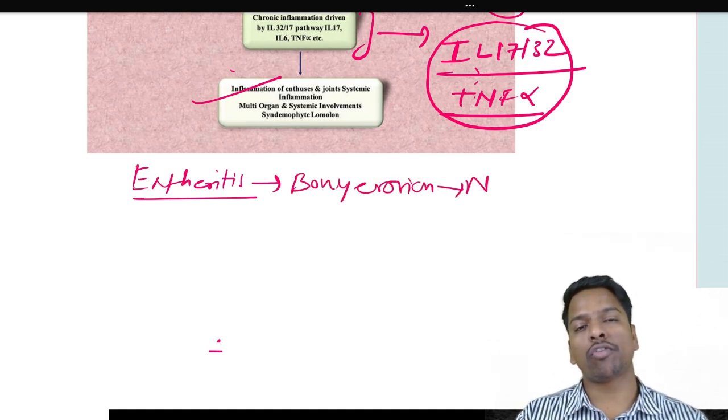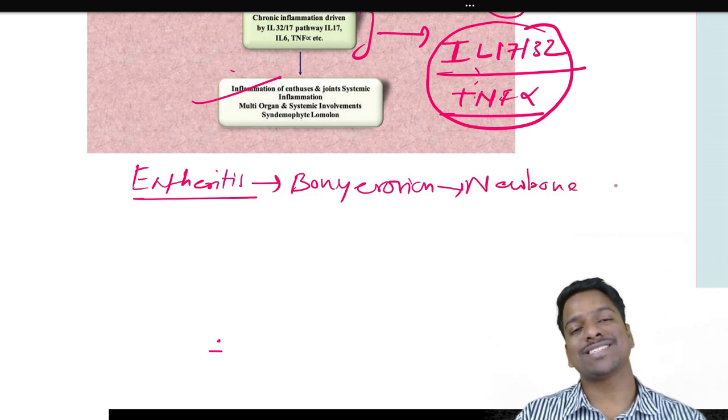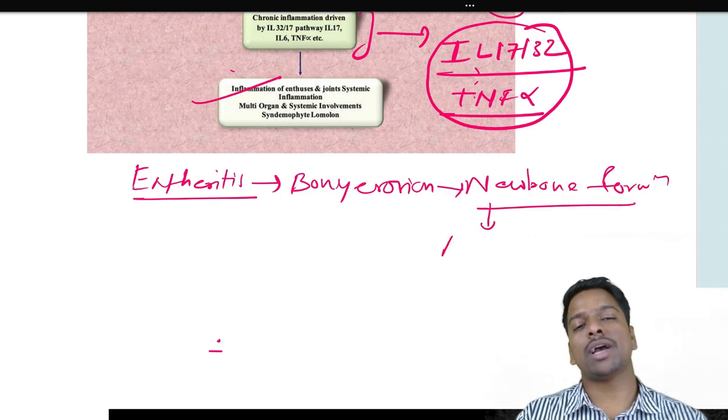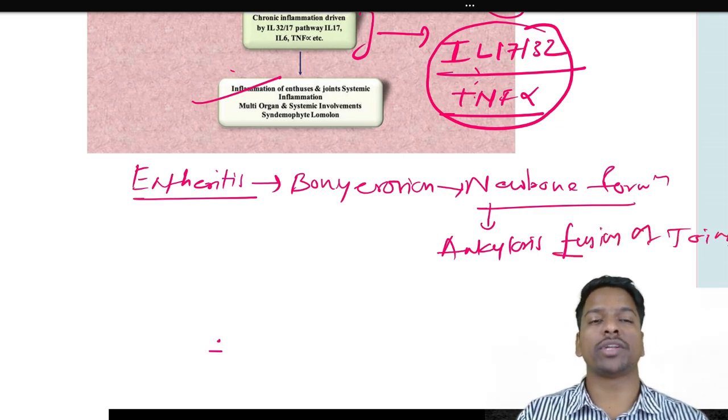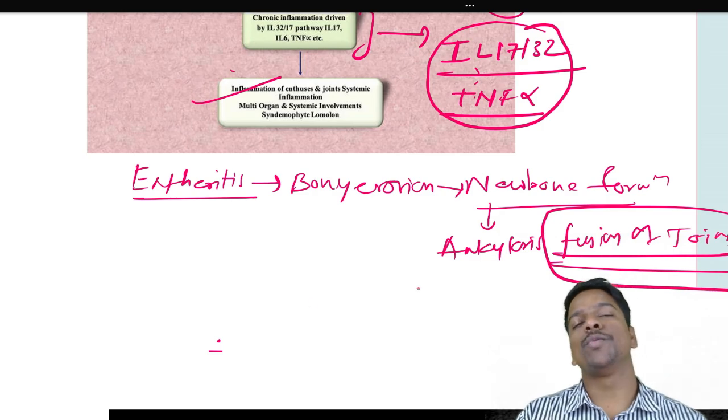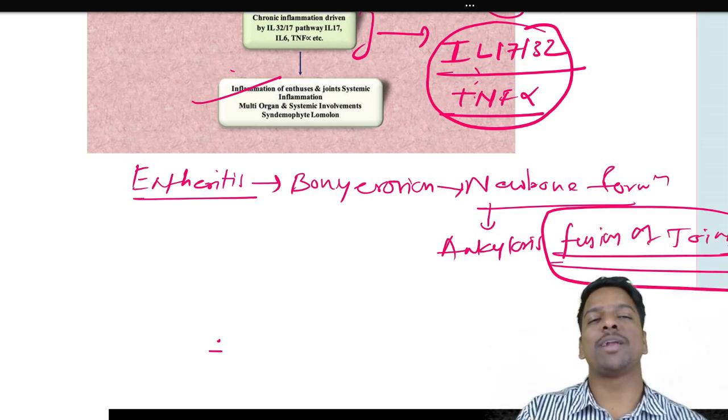Then new bone formation, osteosclerosis or osteogenesis, will lead to ankylosis and fusion of the joints. This fusion of the joints is one of the reasons why you will see an X-ray showing the typical appearance of the bamboo spine in this patient, which we will discuss.